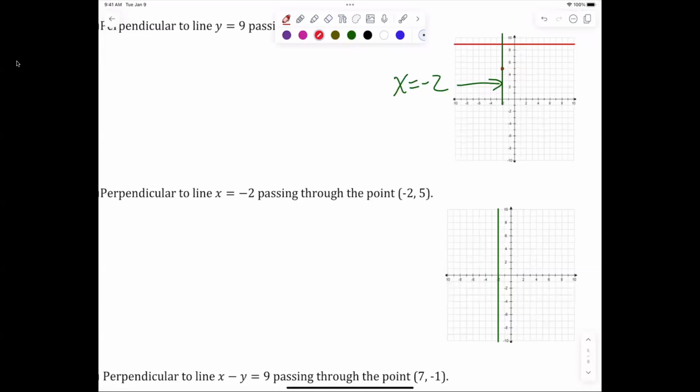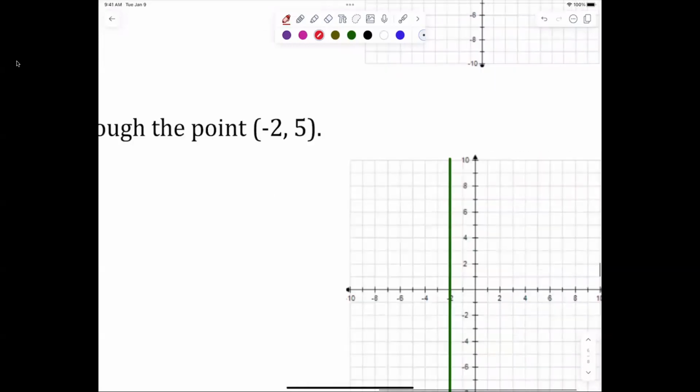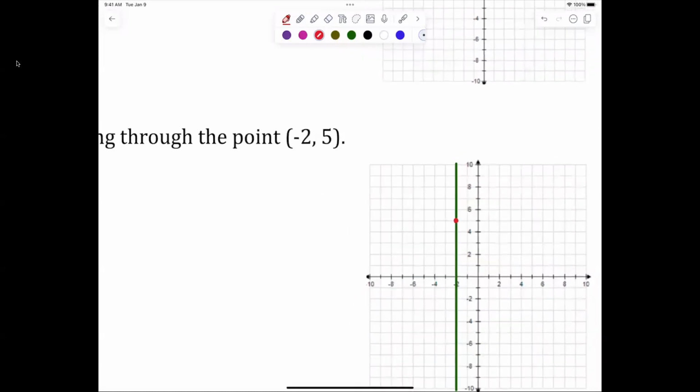That's exactly right. So draw the horizontal line through -2, 5. Because you're smart. If it's perpendicular to a vertical, it must be what? Just like you said, it must be horizontal, correct? If it's horizontal, the perpendicular would be vertical.